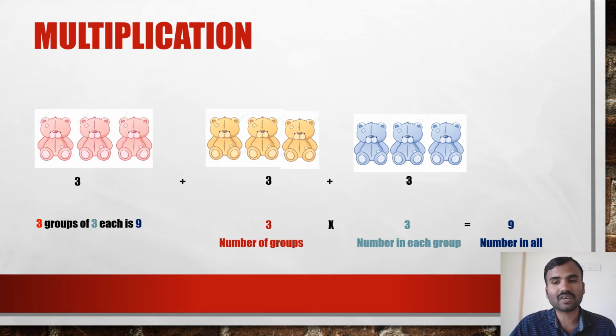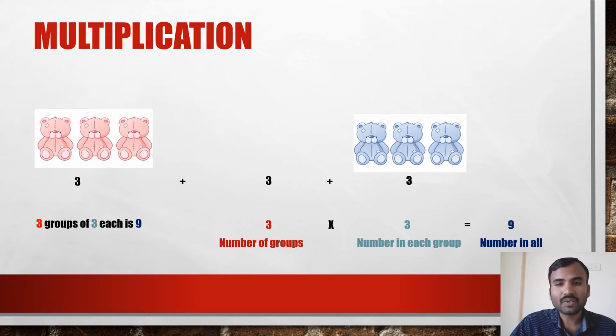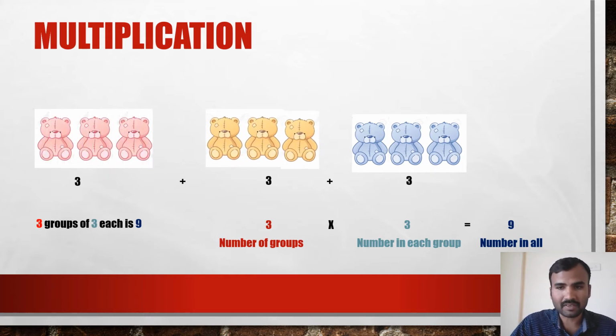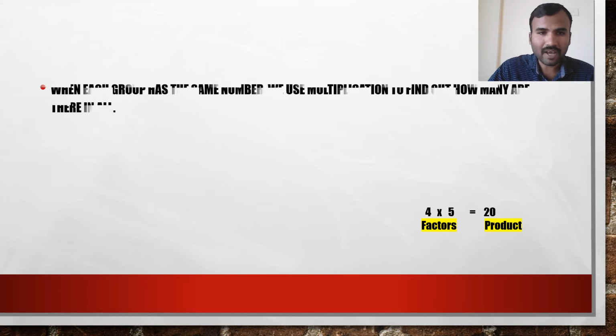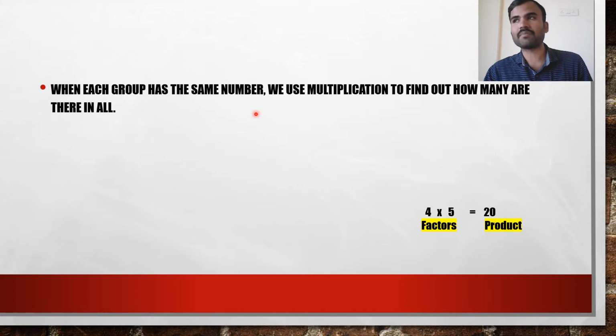It means, dear children, please remember, we are using multiplication, right? When each group has the same number, then we use multiplication to find out how much or how many we have in all together, right?